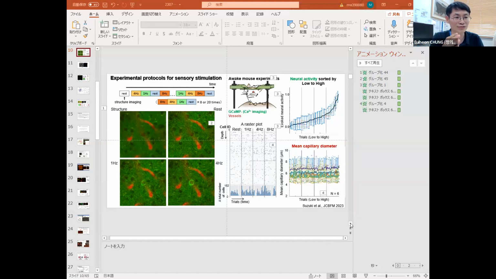Did you find differences in the capillary blood flow changes with respect to different frequencies of sensory stimulation? Why do we use different frequencies? Because we need to modulate the neural activity more gradually. If we compare only two conditions, we cannot effectively compare the neurovascular capillary response.